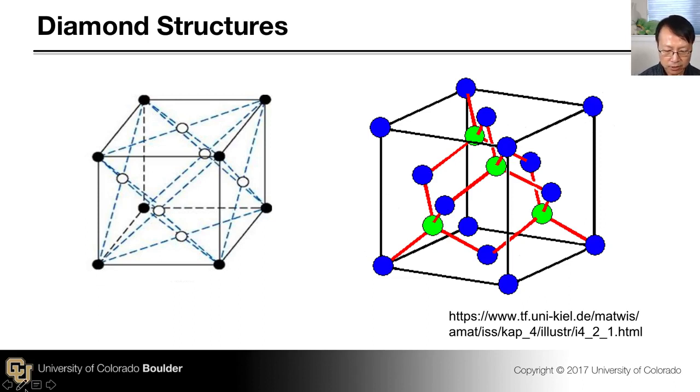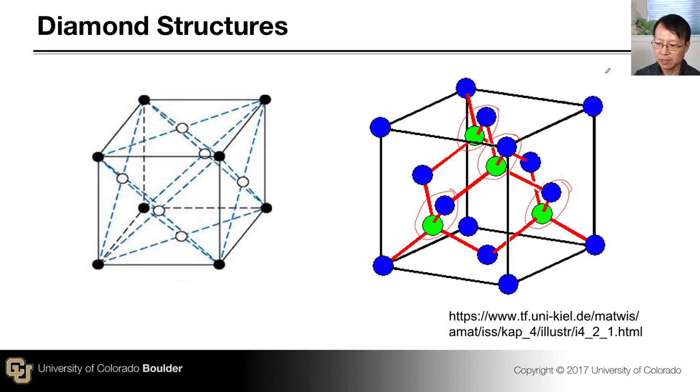So in this figure on the right, you could see that this blue and green atom pair is the two-atom basis. These blue atoms are placed on FCC, face-centered cubic, lattice points, and each blue atom has one additional atom, a green atom, paired to it.